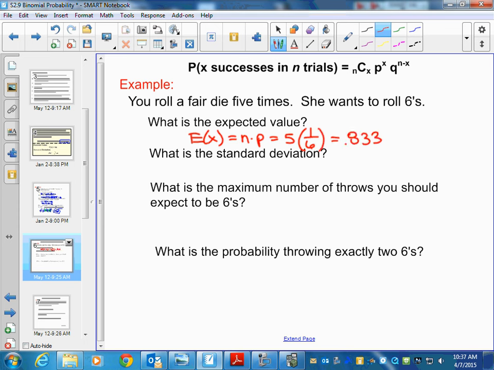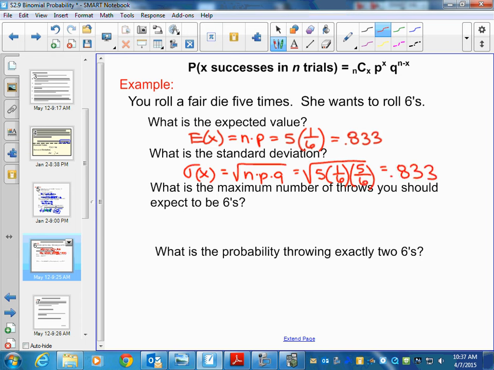And then when we did the standard deviation, we got 0.833 again. I remember because those ones were the same.